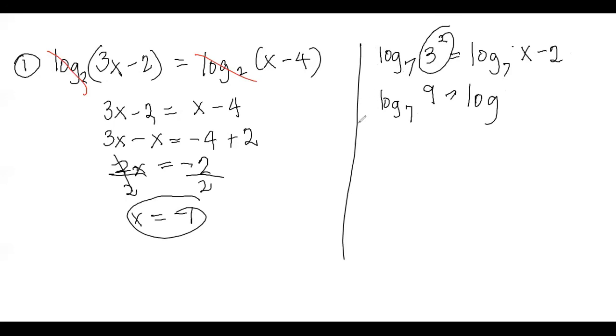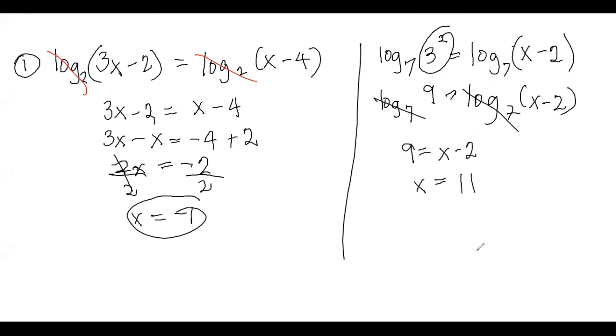So, logarithm of 9 with the base 7 equals logarithm of x minus 2 with the base 7. So, cancel si logarithm. So, 9 is equal to x minus 2 na lang. Lipat si 2. X is equal to 11. Okay?